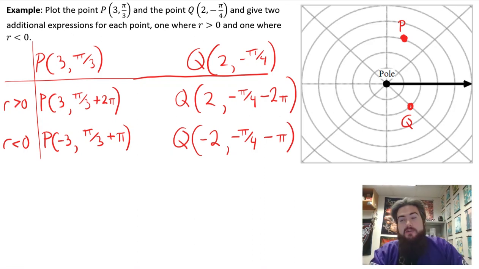Both are equivalent ways of finding another representation for this point. So I just showed a couple ways to do this. If you want to add 2 pi and add pi respectively, that's fine. If you want to add or subtract other coterminal angle measures to get to the same angles, that's fine. Technically, there are an infinite number of ways to represent these points.